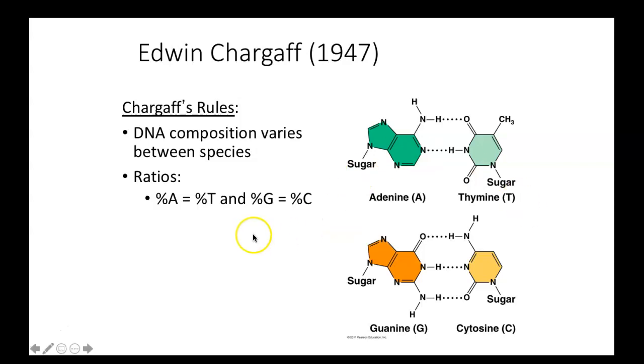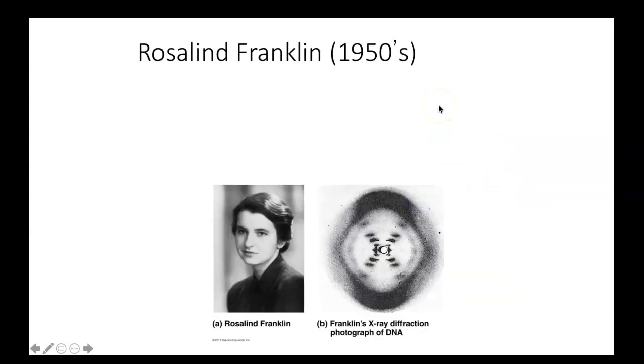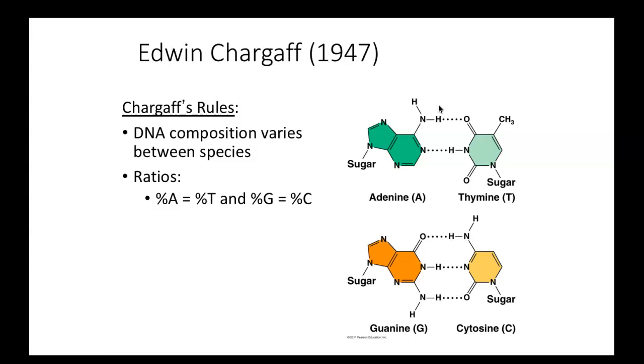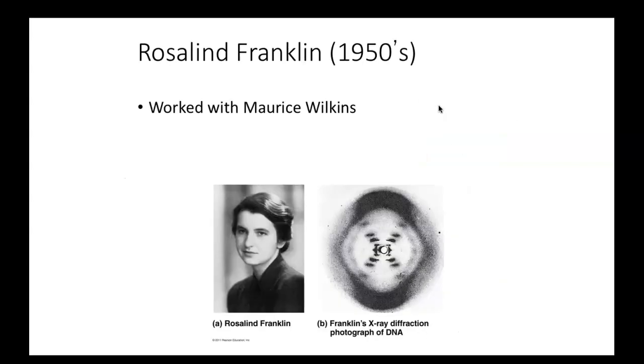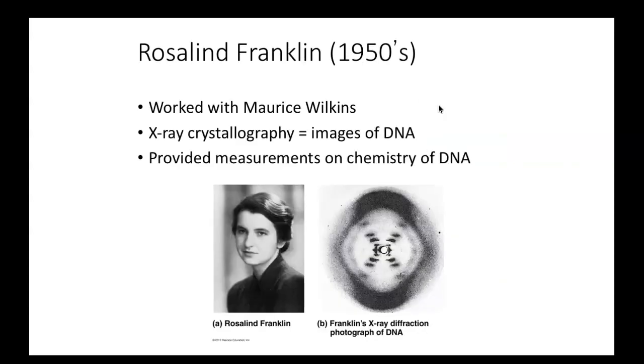All right, and so he found that A equals T, C equals G. So therefore, since DNA is double-stranded, if there is an A on one strand, it will be hydrogen bonded to a T on the complementary strand. Okay, so basically he found that A pairs with T, C pairs with G when we are looking at double-stranded DNA.